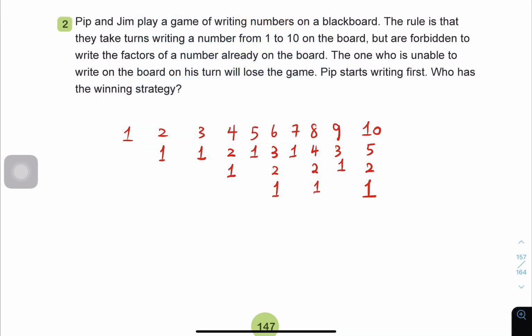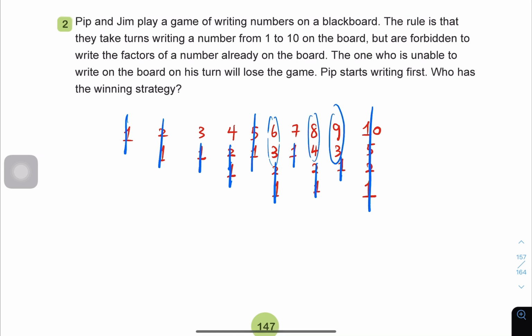So first, if I cancel out 10, it means that 5, 2, 1 are also gone, and so on for the other numbers. So what do we have remaining? We have 3 groups with 3 factors and 3 groups with 2 factors and 3 with 1 factor only.